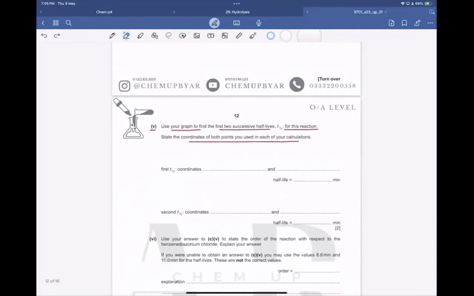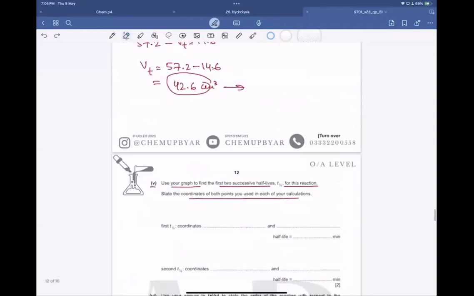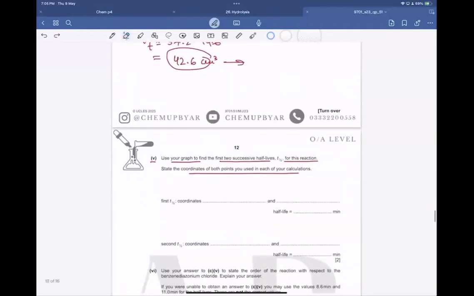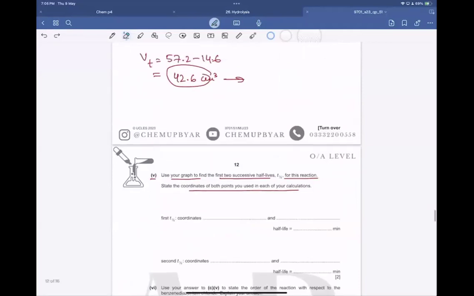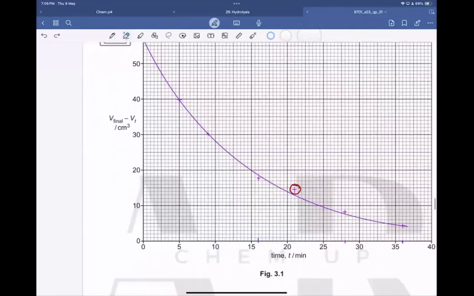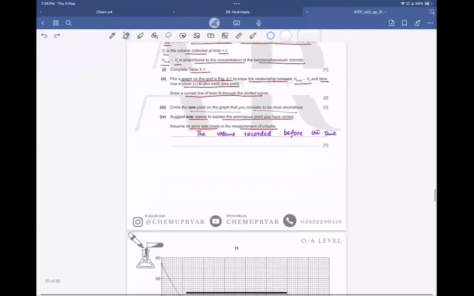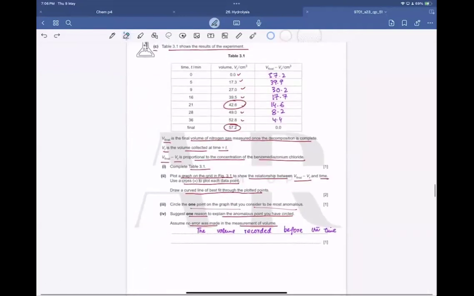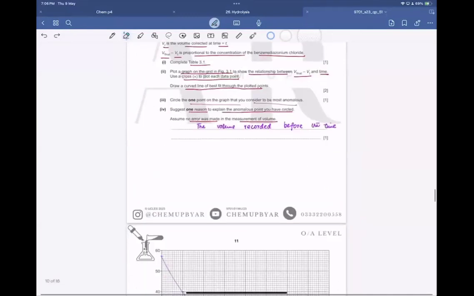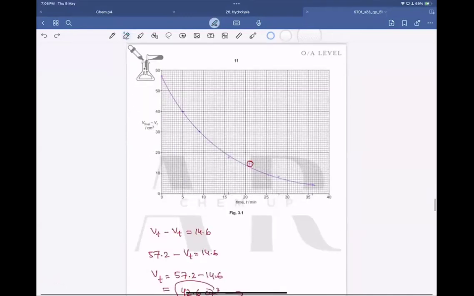Now you have to find the order of a reaction. And from the half-life, we are always able to find the order of a reaction. So let's see how you will calculate the half-life. They ask you to calculate the two successive half-lives. Okay. So for the first one, what is the initial volume? It's 57.2, right?